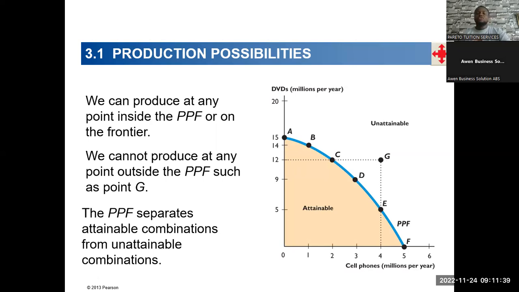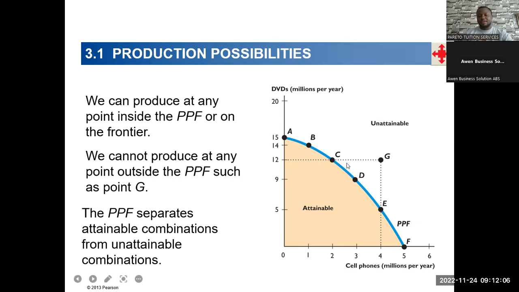We can only do that when we experience economic growth, when there is a sustained increase in our production possibilities, when probably there's an increase in the level of technology, an increase in the quality of labor, or we have more capital goods. When it's like that, then the PPF will shift. But until then, it is not possible for us to produce beyond the PPF.